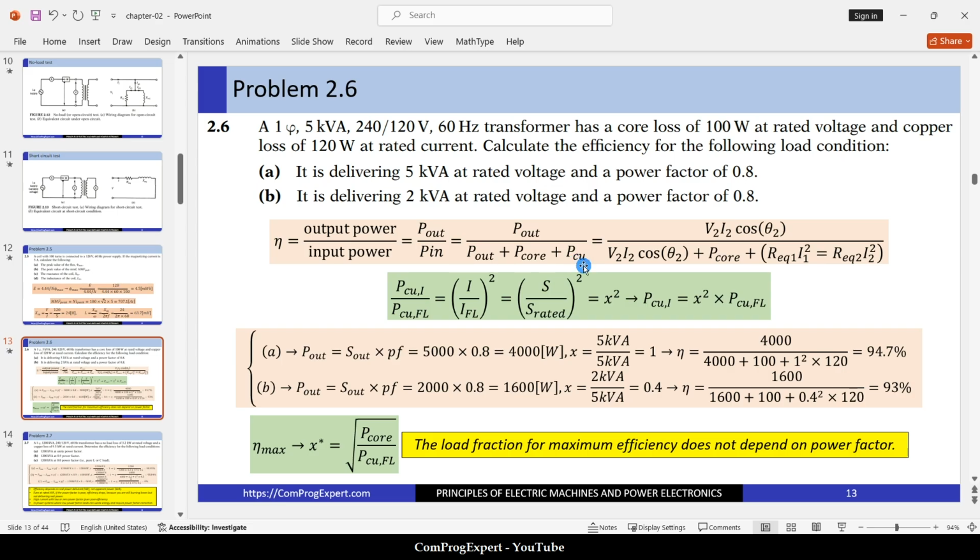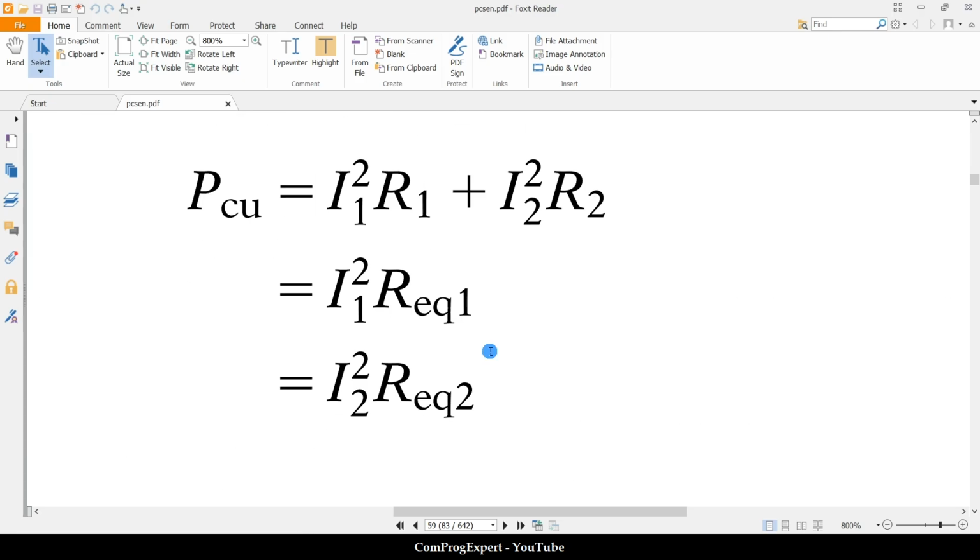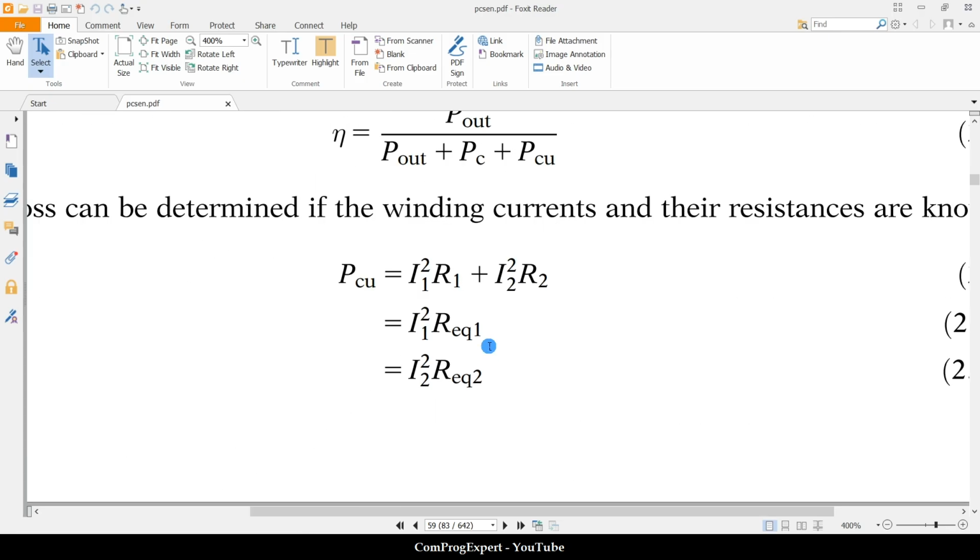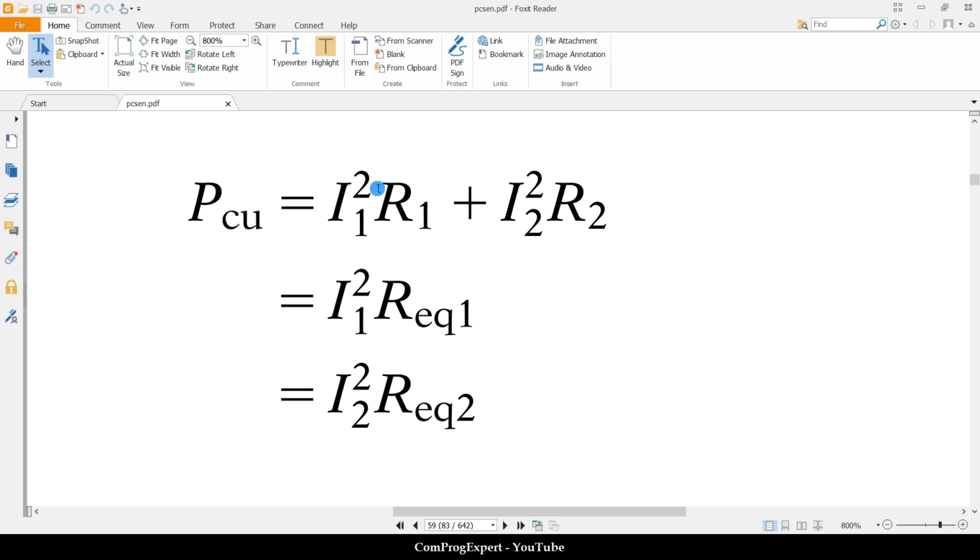And what about the copper losses? Copper losses for the full load is equal to I1 to the power 2 R1 plus I2 to the power 2 R2, when I1 and I2 are the full load operation currents of the transformer. Also, we can write this summation in the following equivalent equations.